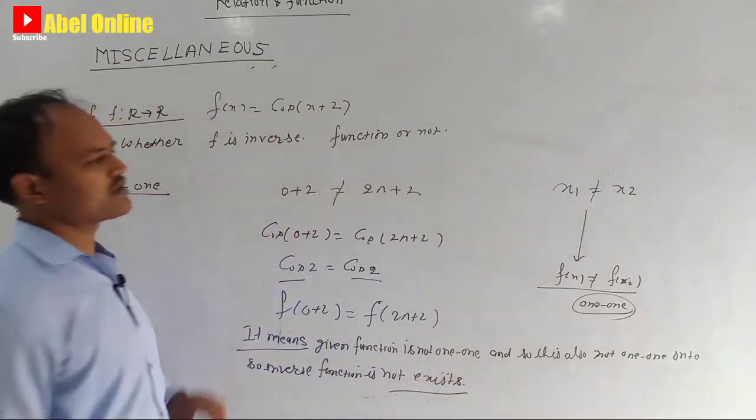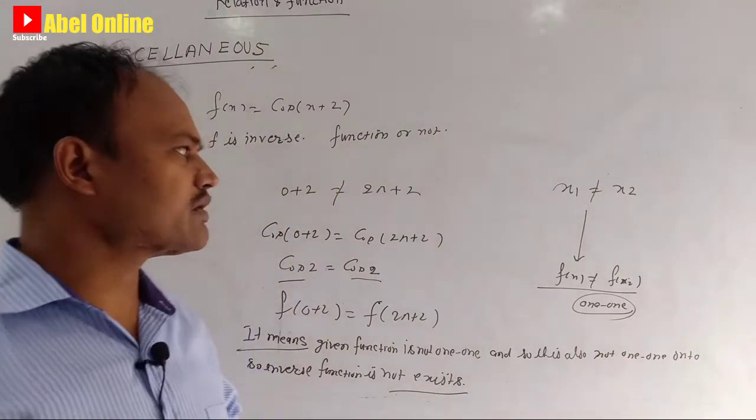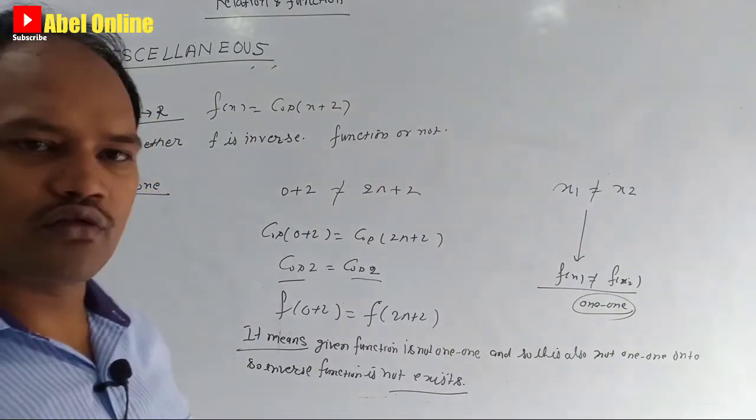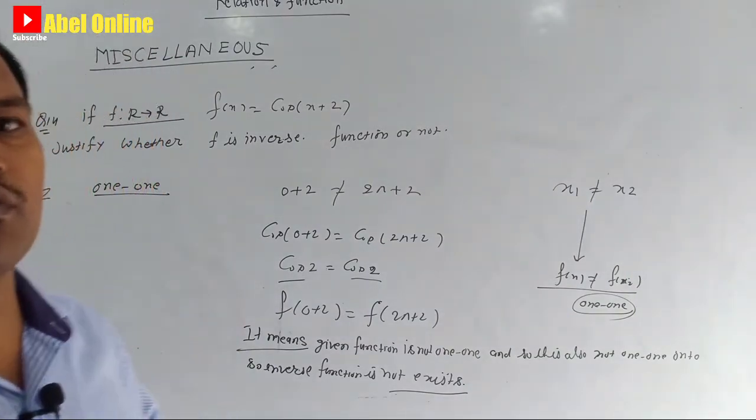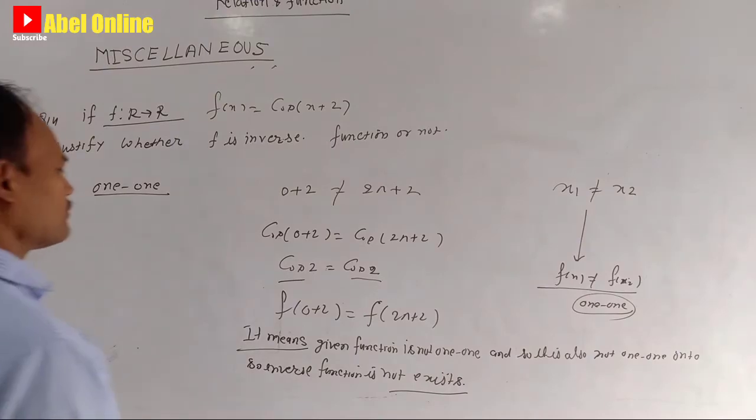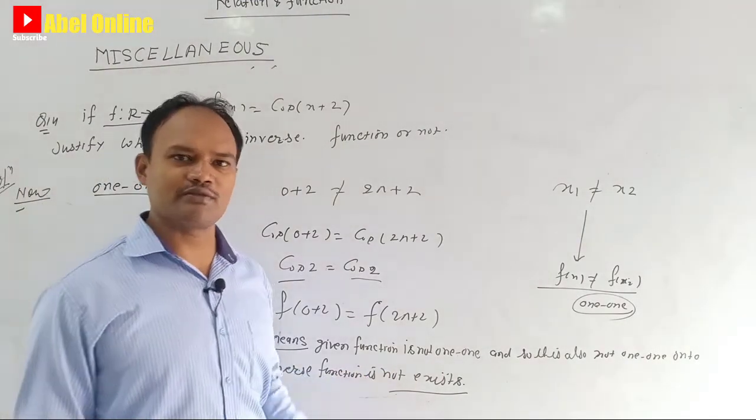Okay students, so we can say that the inverse does not exist because it is not one-one, so it is also not one-one onto. If it is not one-one onto, then the inverse function does not exist.